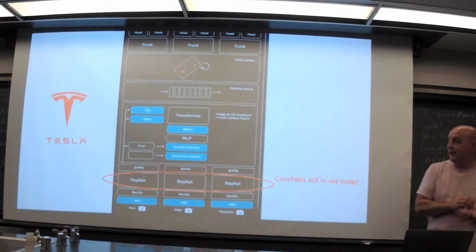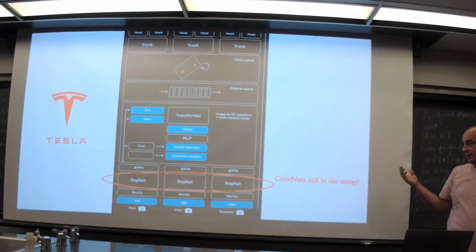And like I was saying, Tesla, for instance, I would argue is at the forefront of full self-driving autonomous vehicles.